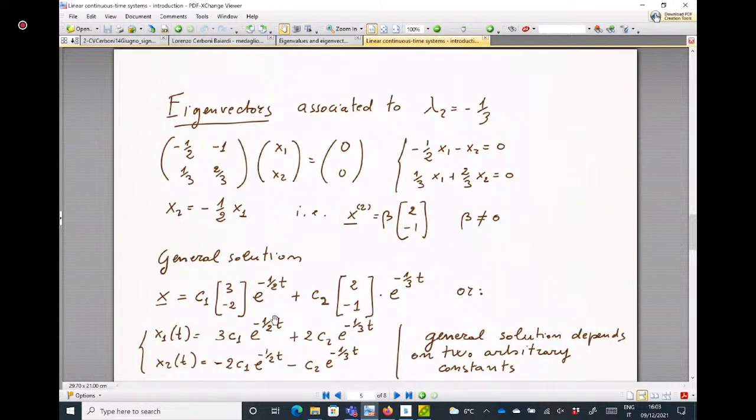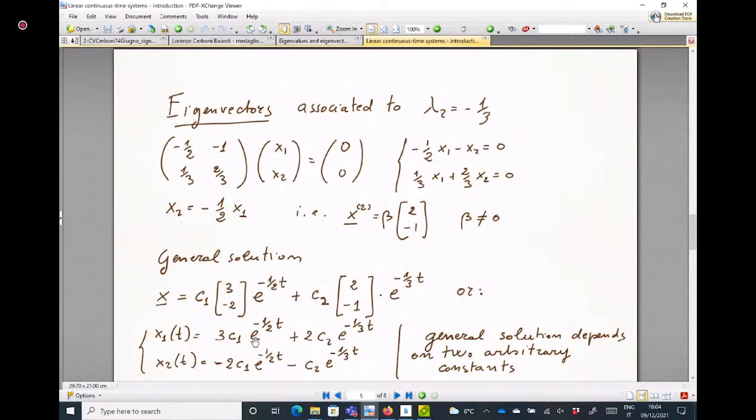Now, what happens if we get a solution like this, but with the two exponents both positive? Both variables explode in the long run, because we would have an exponential with a positive exponent in each. Even if you have plus and minus, the final outcome is explosion, because they are exponentials with different exponents, and in the long run the one with the larger exponent prevails.